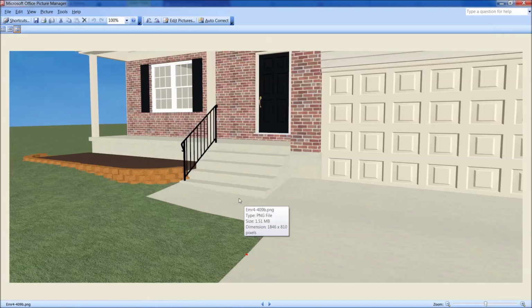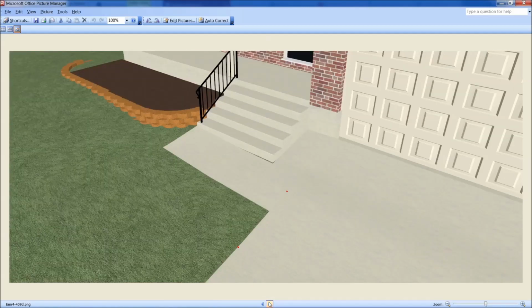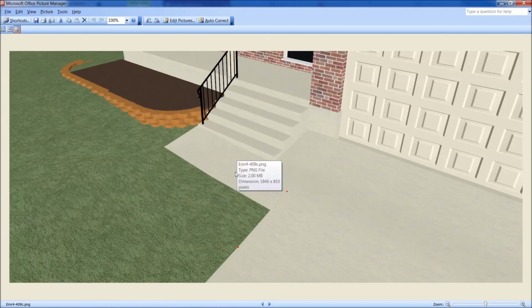But looking at it from some other angles, it looked like we could probably get by with not having to go down quite that far. So I reduced these from 7 to 6.5 inch high risers, and the tread depth becomes 11 1/4. So 11 1/4 tread depth, 6.5 inch riser, and I feel like that gave us a better balance here with how it's hitting this pavement down here.